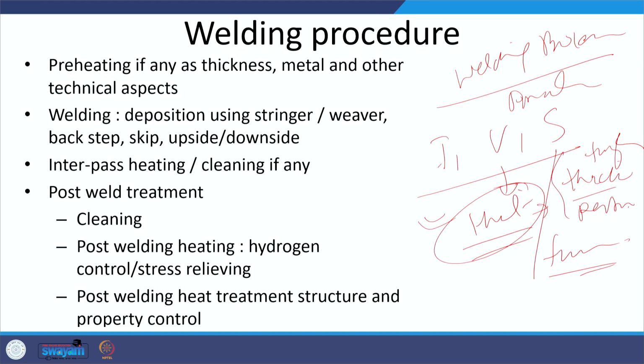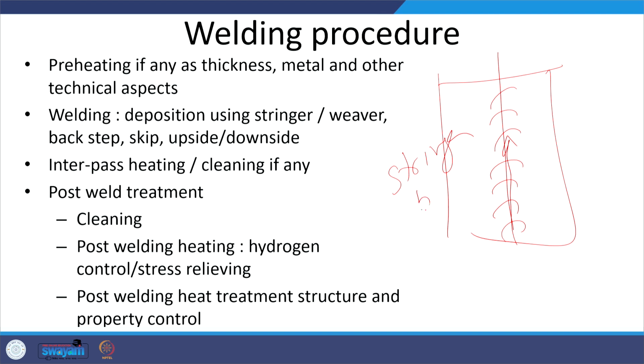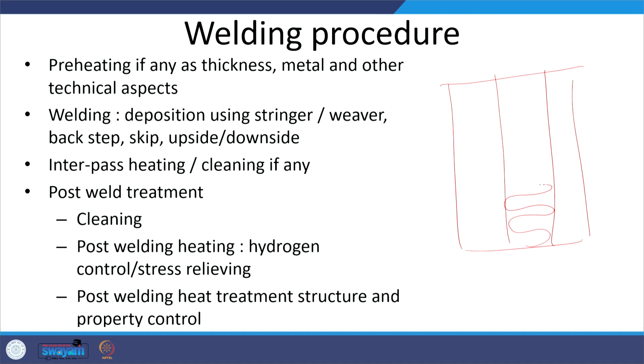When the metal is deposited, it can be done in two ways. Say this is the weld line, and metal is simply deposited along a straight line like this; the arc is simply moved in a straight line. This is called stringer bead deposition. Or if we want to apply a lot of heat and we are handling very thick sections, then with these prepared edges, the arc is moved laterally also while moving in the downward direction.